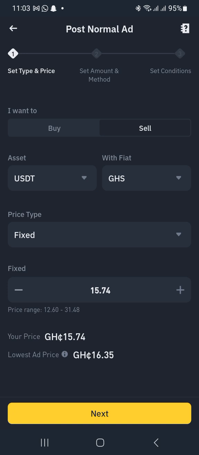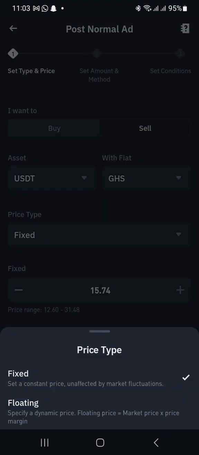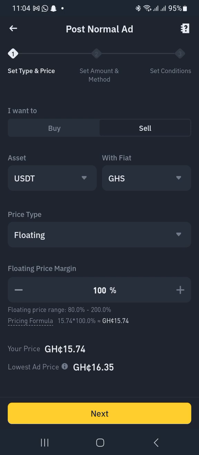But if I choose the option called floating, you see that down there you have this floating price margin. It means that with a percentage, let's say 2%, if the market goes up, then the price should go up in that sense. I hope you understand me. If it comes down, it should come down in that sense.